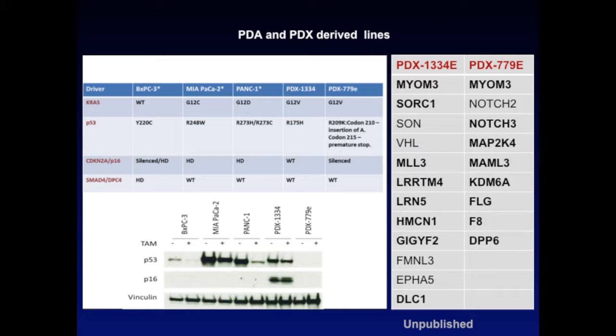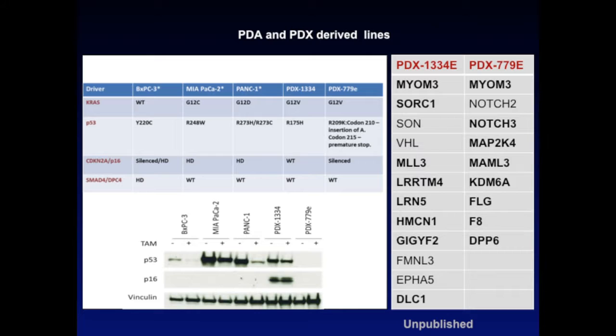And in collaboration with Brian James and Garth at Sanford Burnham, and work done by Kathleen Scully in my lab, we've now shown that in 779, there's an insertion at amino acid 209 in P53, and this actually leads to an early stop. And we see no P53 protein at all.